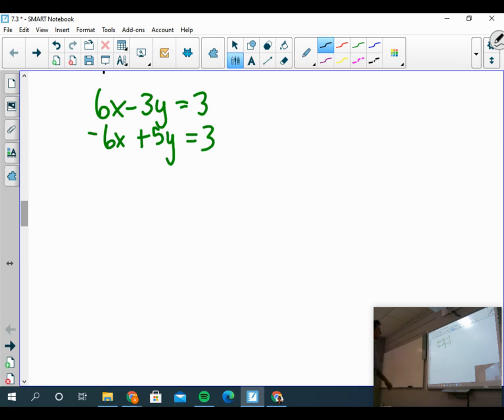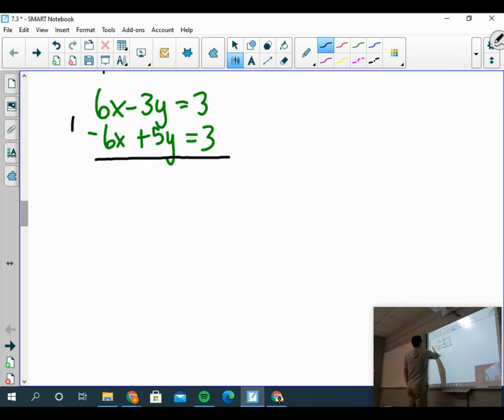6 and minus 6, when I add those together, will cancel. Now, don't do minus, right? We don't want to do 6 minus negative 6. That will be 6 plus 6 and give us 12 because of the double negative. But if I just add the two together, my x variable will be eliminated, okay?